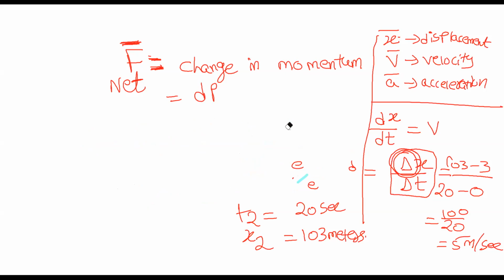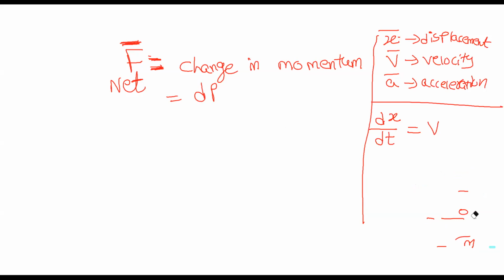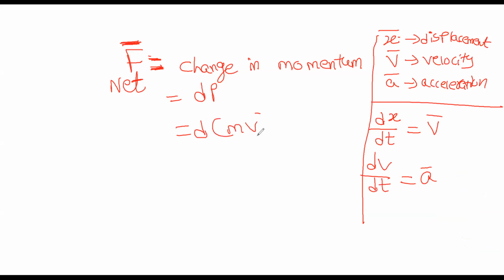Next, what is dv by dt? It gives acceleration. So dv by dt directly gives acceleration. Now change in momentum, that is change in mv, right?